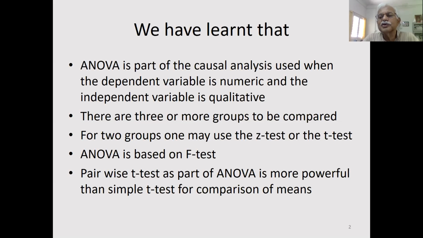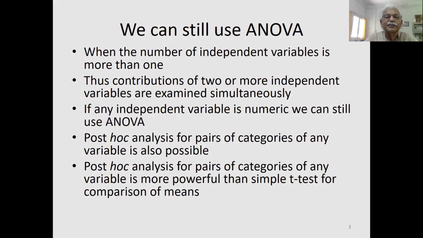ANOVA can also be used for comparing groups pairwise, and that is considered to be a more powerful test than a Z test or T test, and there are theoretical reasons behind that.